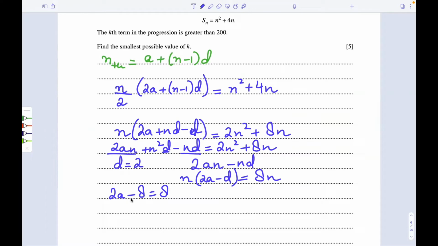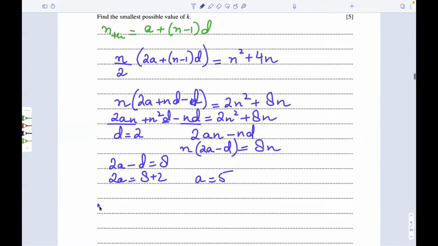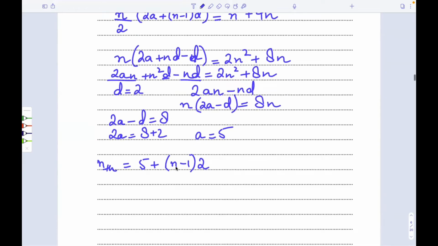As d is equal to 2, we get 2a is equal to 8 plus 2, 10. So a is equal to 5. So we have the formula for the nth term, which is 5 plus n minus 1 into d, where d is 2. Now we have to find the value of n such that it is greater than 200.